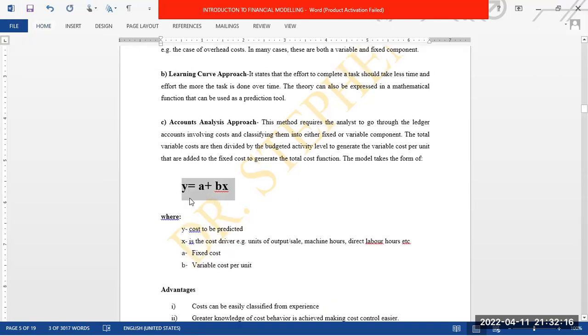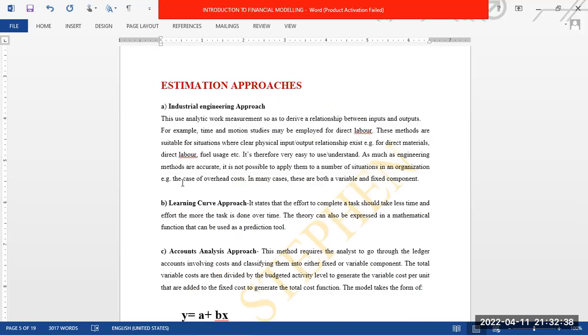So the y, which is on the left side of the equal sign, is always the dependent variable, so it will always depend on x, and x is always the independent variable.